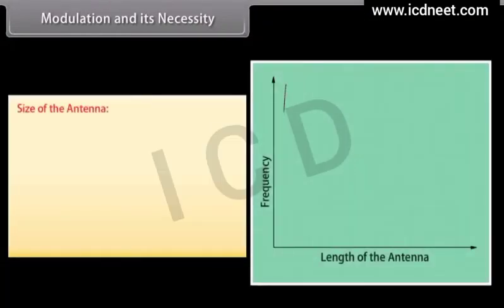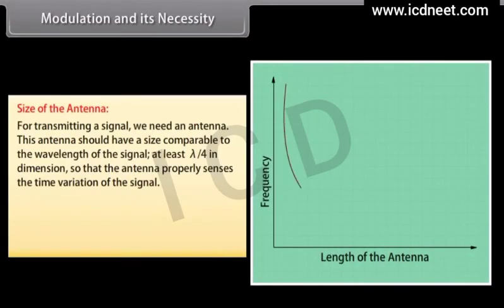Size of the antenna. For transmitting a signal, we need an antenna. This antenna should have a size comparable to the wavelength of the signal, at least λ/4 in dimension, so that the antenna properly senses the time variation of the signal.